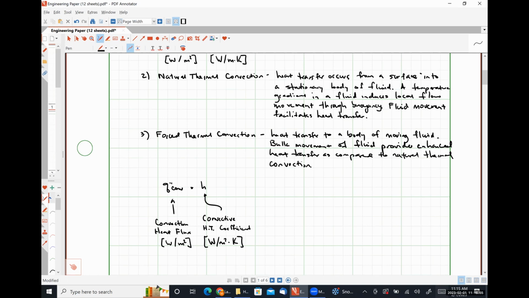And this convective heat transfer coefficient is effectively multiplied by the temperature at the endpoints of the system. So this TS is going to be a surface temperature measured in Kelvin, and this T infinity is a fluid temperature measured in Kelvin.